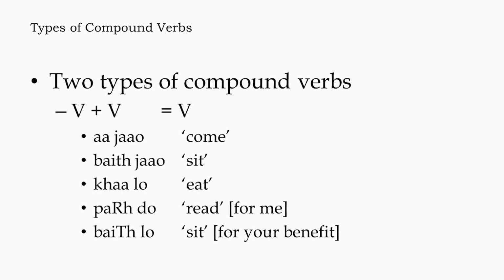These are the imperative forms of the verbs. So we do not see any change in the V1. The V1 comes only as the stem, after removing the infinitive marker, whereas the V2 carries all inflections, in these cases imperative markers.